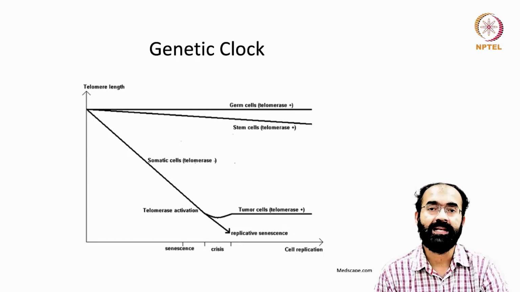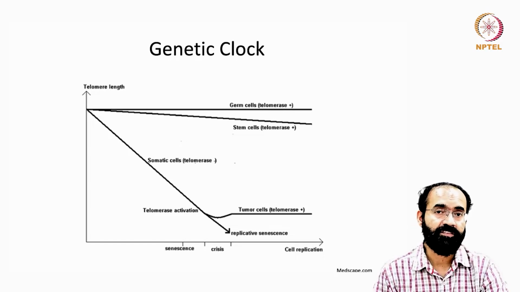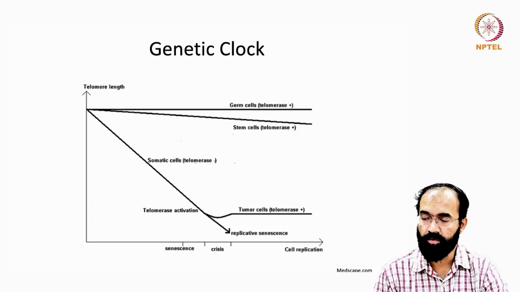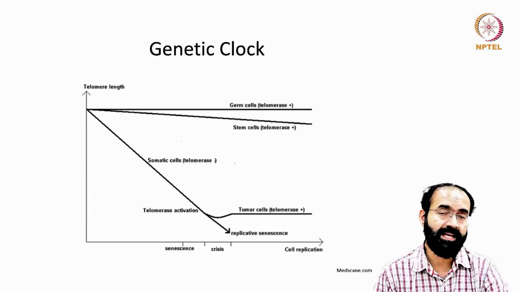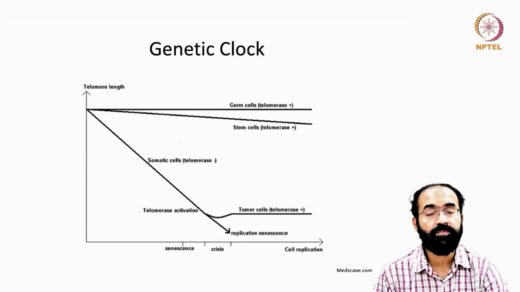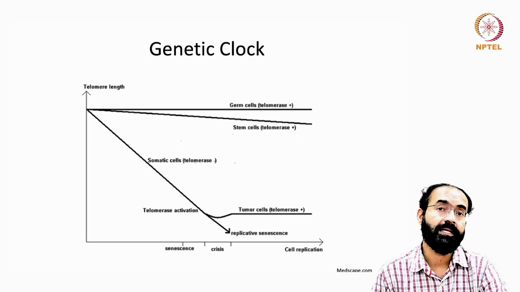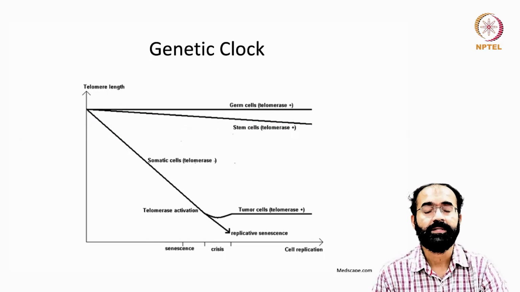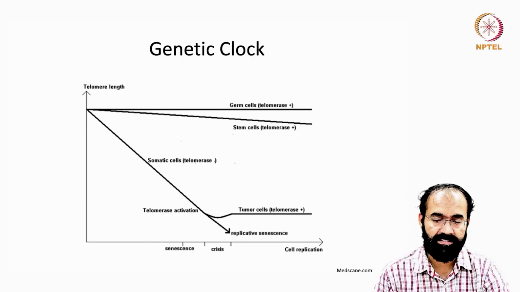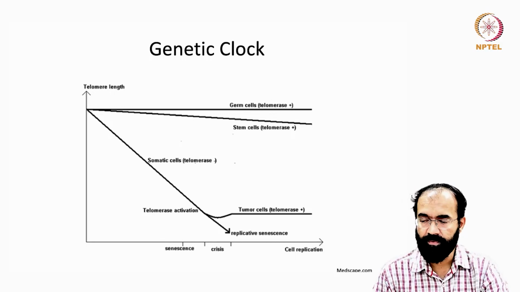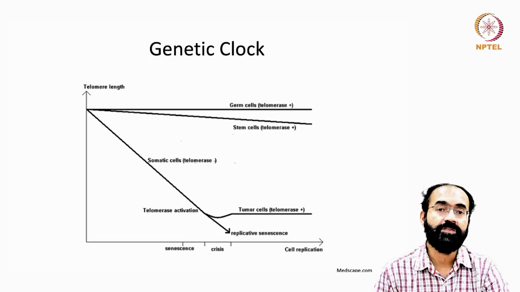At that time the cell must die if the organism or the cell type has to stay healthy and perfect. If it fails to do so, then that can lead to very serious problems such as cancer, etc. So it will reach a phase of replicative senescence.